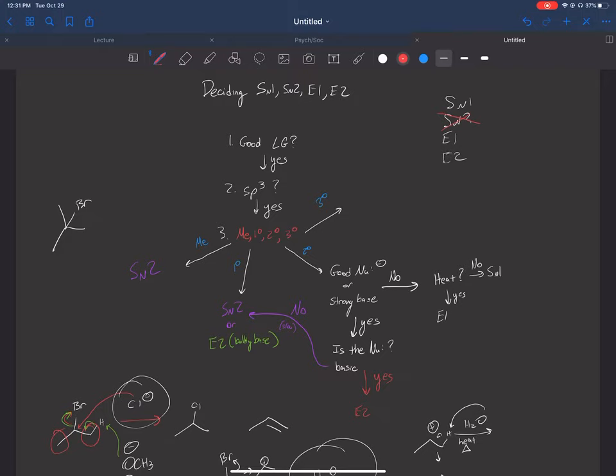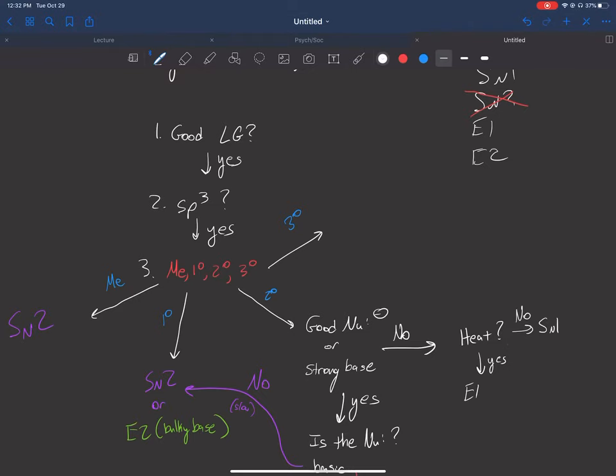How about E2? E2 is not bound by the same rules as SN2. We said SN2 is worse when it's sterically hindered. Now E2, just because it has that 2 does not mean that it follows the same rule. In fact, E2 can occur on tertiary. All right? The driving force to determine that is asking yourself, do I have a strong base?